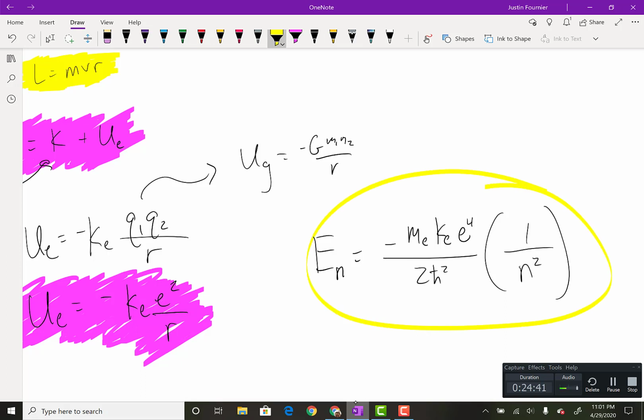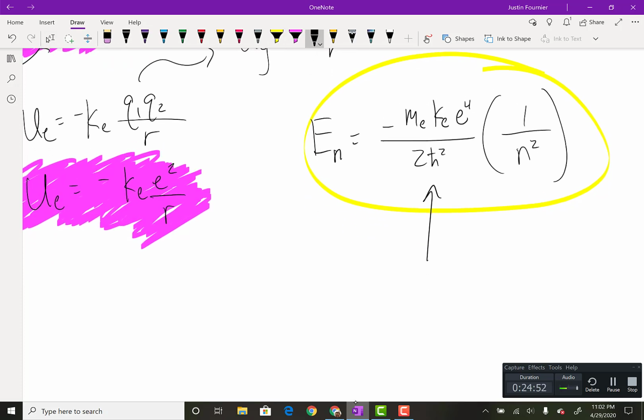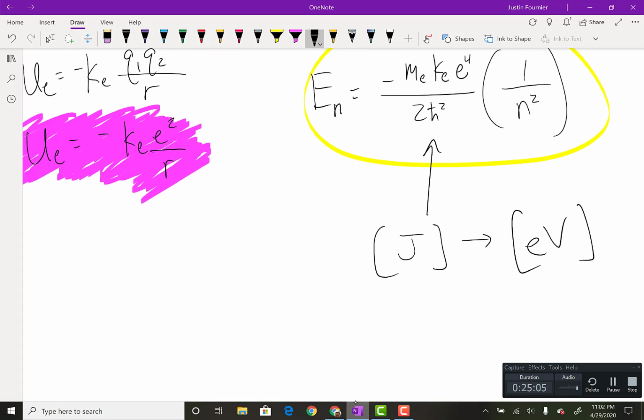And then one last thing I want you to do is plug in all the values for this. N is a unitless quantity, so you're going to get something in terms of joules. And what I want you to do is convert that to electron volts. So convert joules to electron volts, and you should get a number.